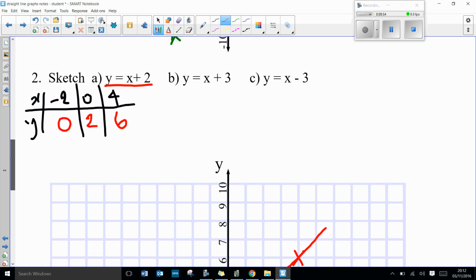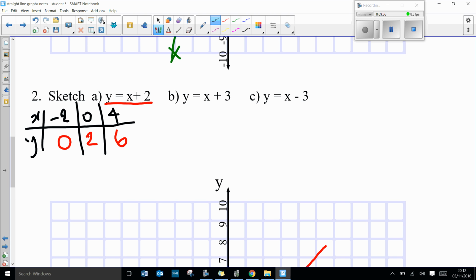My second example. So this time the rule is x plus 3. So here's my table. I'm going to use the same coordinates for x. So -2, 0, and 4. Obviously this time it's a different rule. This time we're adding 3 to our number.